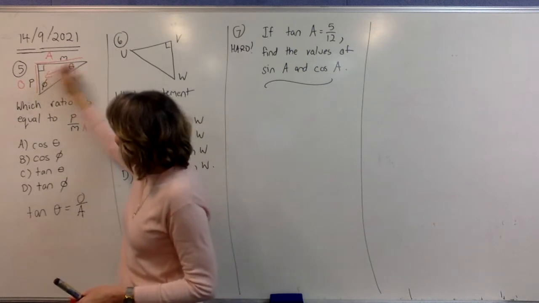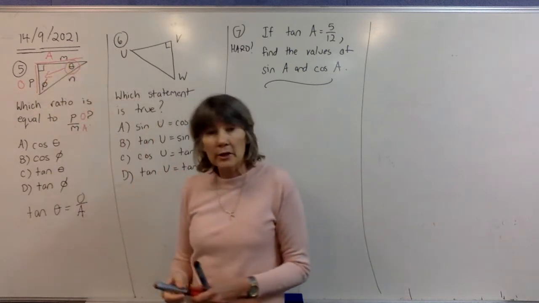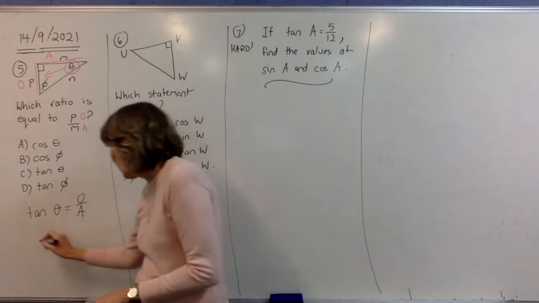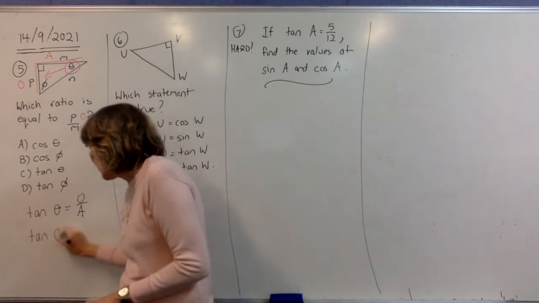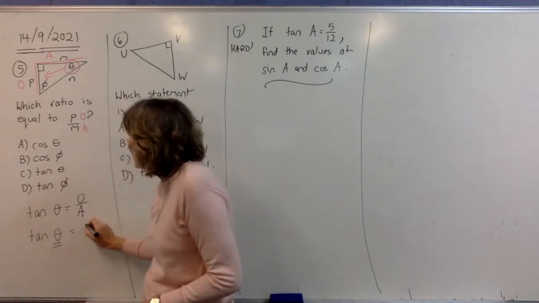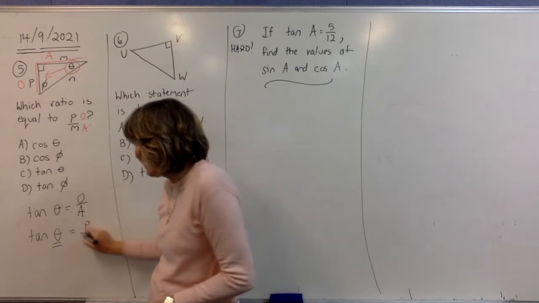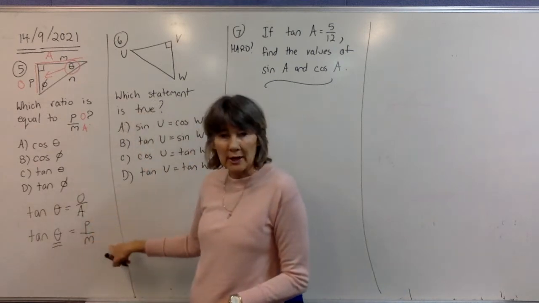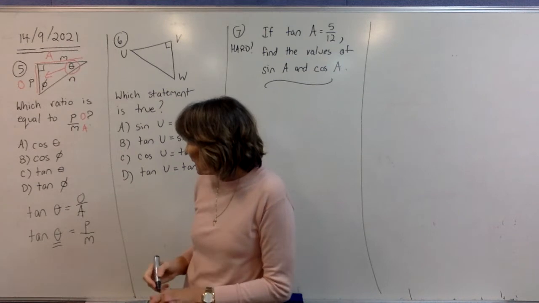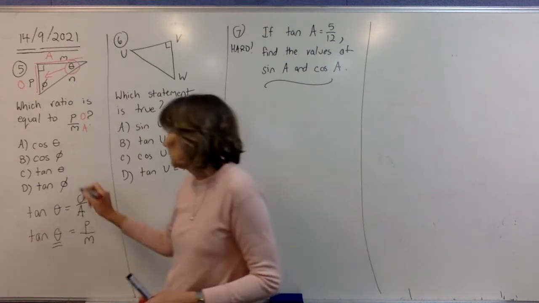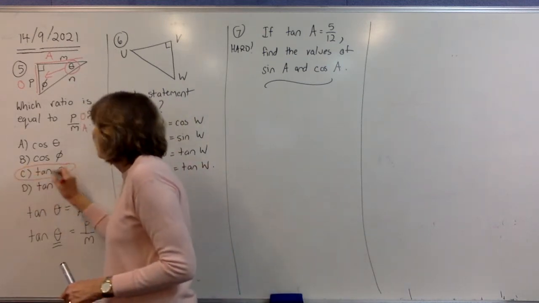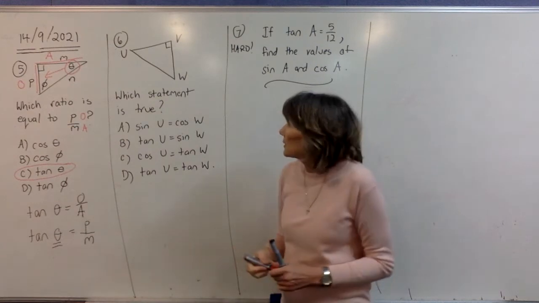It's that angle there, so it actually is theta, this one. So the answer will be tan theta, because that is the one that gives you P over M for opposite over adjacent. That's this one.